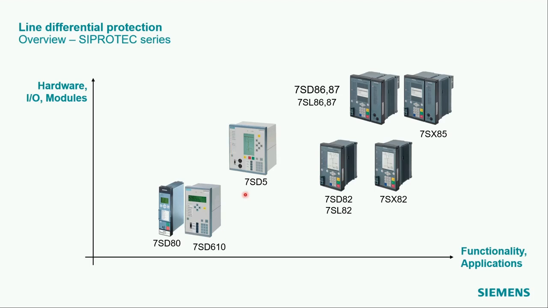The SIPROTEC 7SD5 provides more IOs, but can be also used for multi-ended line differential protection and optional backup distance protection. The discontinuation of SIPROTEC 7SD610 and 7SD5 was recently announced. Therefore, these devices are not recommended for new applications. For new applications, I recommend using the SIPROTEC 5 series here.